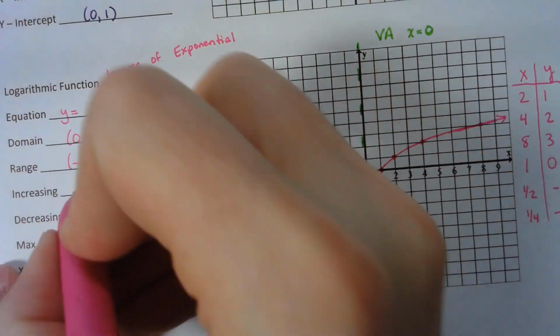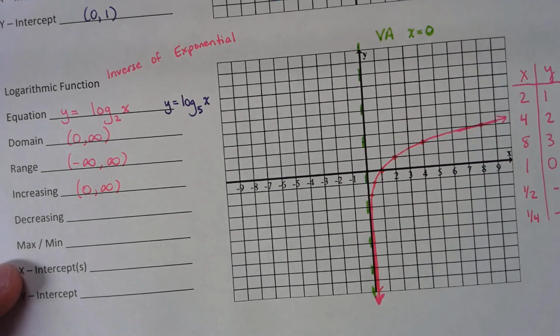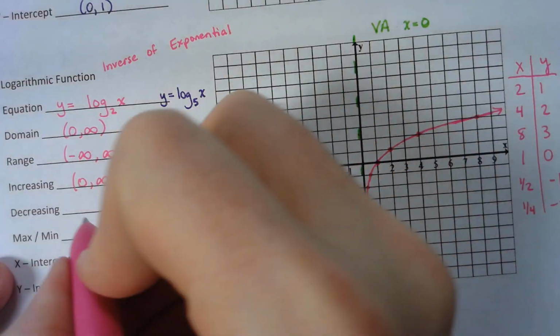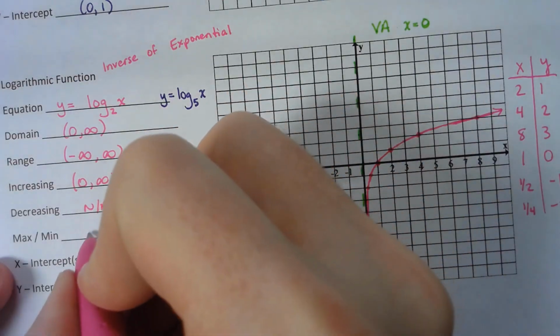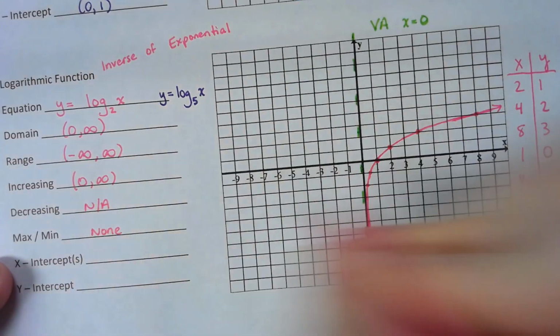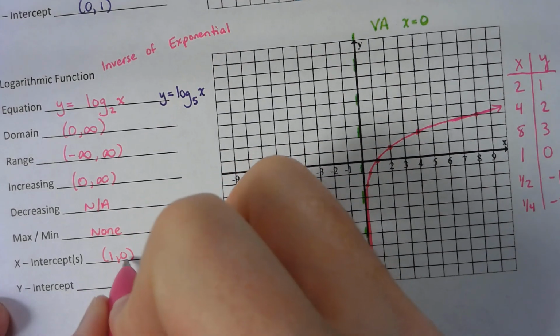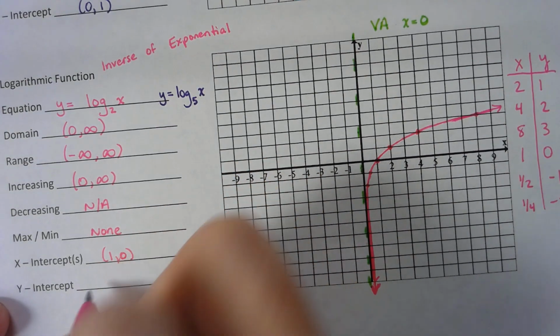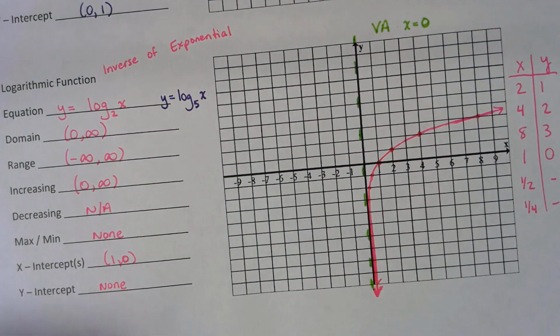This function is increasing everywhere on its domain, everywhere from 0 to infinity, and it's never decreasing. There are no maxes and mins. There is an x-intercept at 1, 0, and there is no y-intercept. Right?